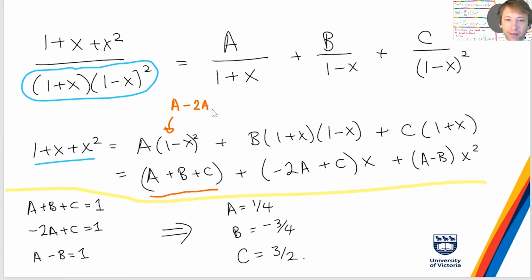I can write all of these things out: 2a x plus a x squared, and this is b minus c. Then if I collect up the terms based on the power of x, the constant term is a plus b plus c, a here, b here, c here. The thing with an x is negative 2a plus c, and the coefficient of x squared is a minus b.